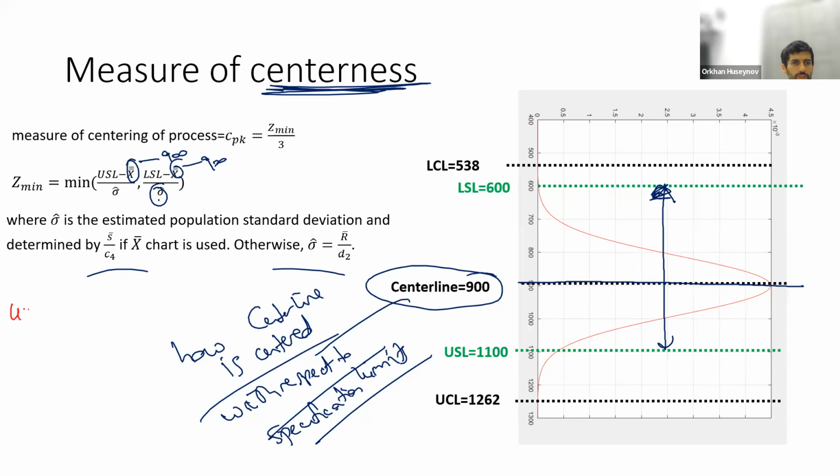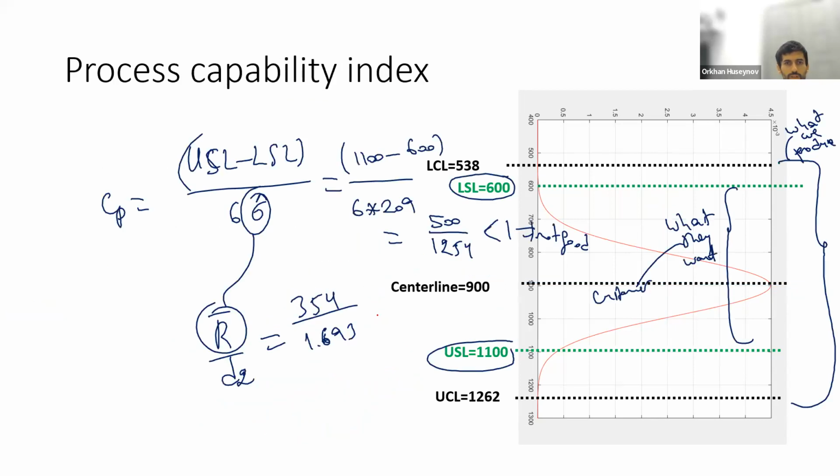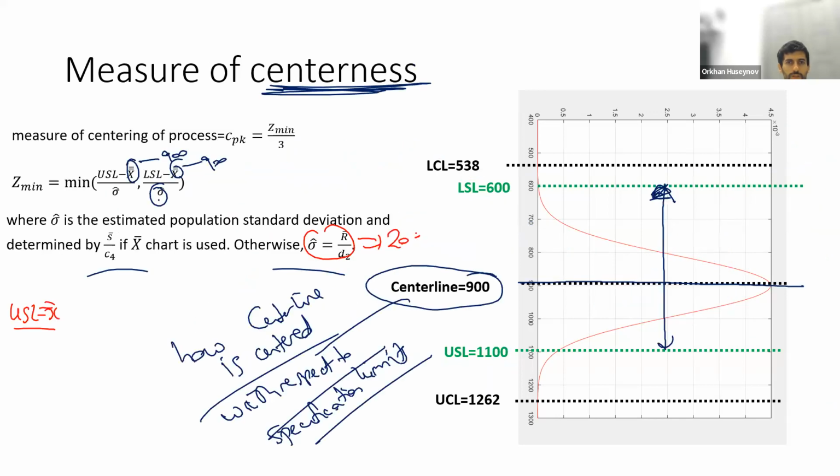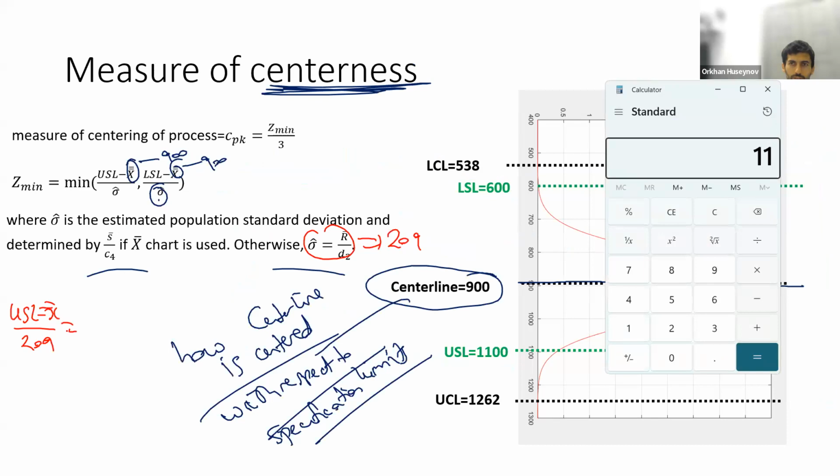Firstly, the UCL minus X bar, divided by the sigma we found in the previous slide, which was 209. The UCL value is 1100, minus the X bar value, the grand average 900, then divided by 209.